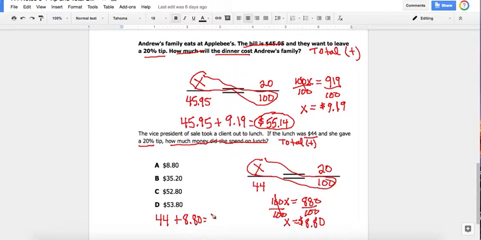And this is probably one that you can easily do in your head: 44 plus 8 is 52, and add 80 more cents, so it's $52.80. Once again, if I was doing this with a calculator, I would do 44 times 0.20, because this is a decimal. And then I would take that number, which is 8.80, and add it to 44 to get 52.80.